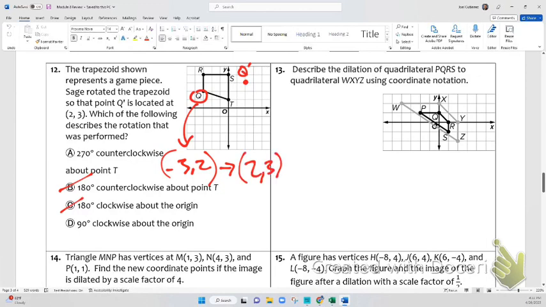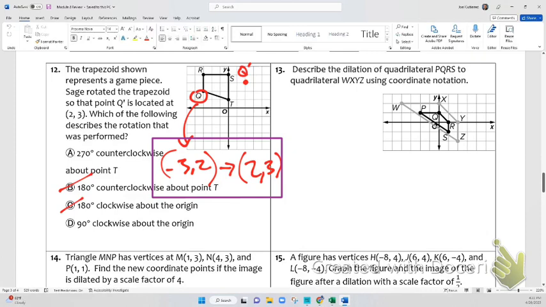So what I did is I simply took a look at the previous page. And I thought to myself, if it's a 90 degrees rotation, if you look at question number 10, then this one would also have to be a 90-degree rotation because of how the coordinate points changed.